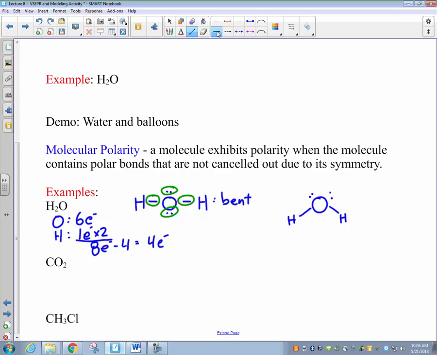Because of that difference in electronegativities, the oxygen is going to pull more of those electrons towards itself, giving that oxygen a partially negative charge. So in the bond between the oxygen and hydrogen, I'm going to draw that separation of charge using an arrow pointing from the hydrogen towards the oxygen, from the positive side towards the more negative side.